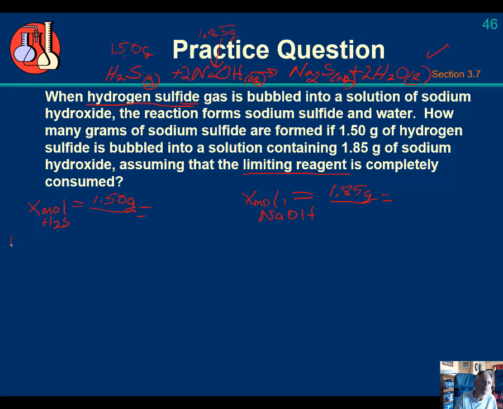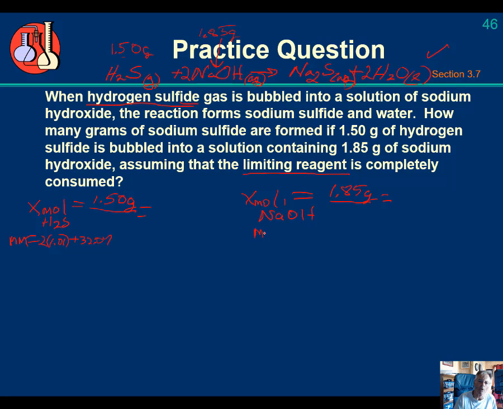So the molar mass, if you haven't figured this out yet, is done by just using the periodic table of the elements. That's going to be 2 times 1.01. Sulfur on the periodic table is listed as 32.07 grams per mole, and we're going to put that up here.